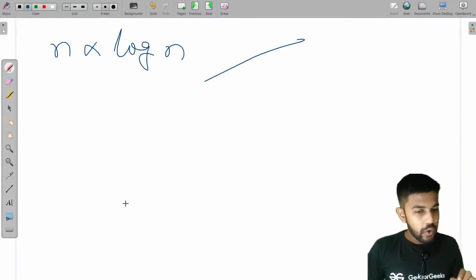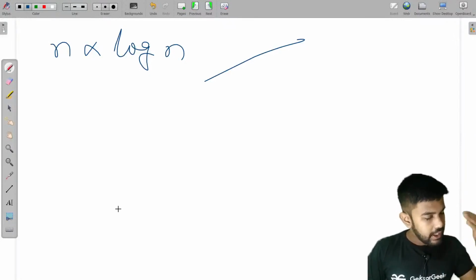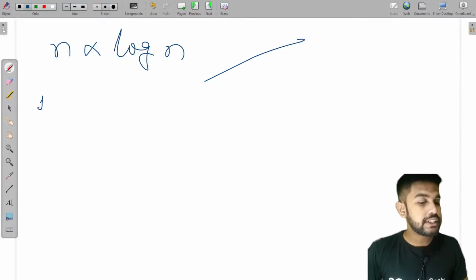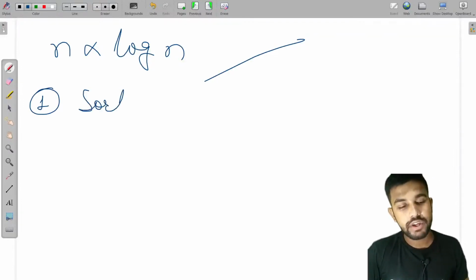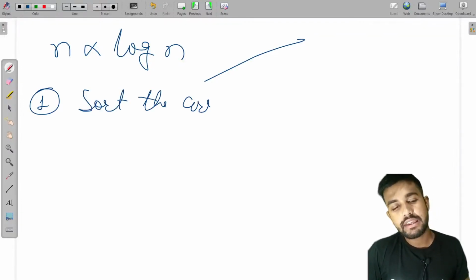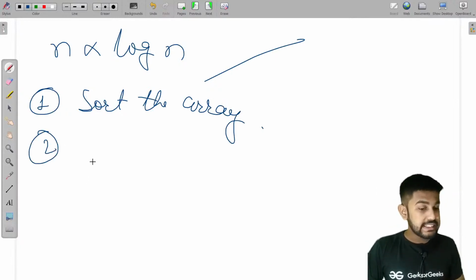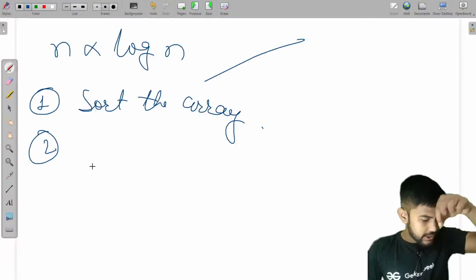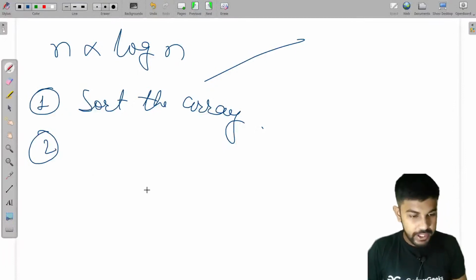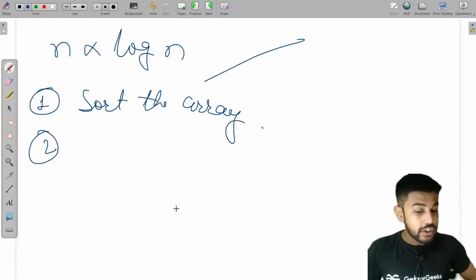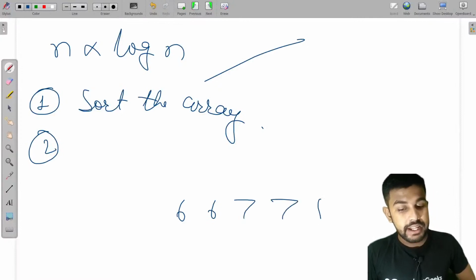Now moving forward, let me recapitulate what we have done. First we sort the array. Why and how, that is explained. Next thing is that we need to search the first point. Suppose the array can be like this also, 6, 6, 7, 7, and then 8.